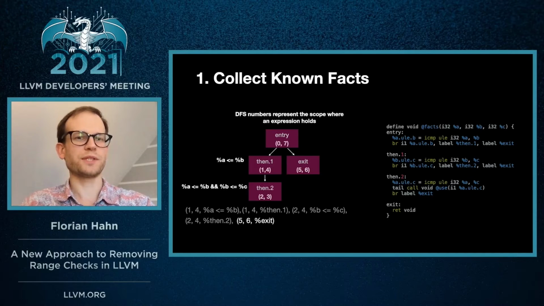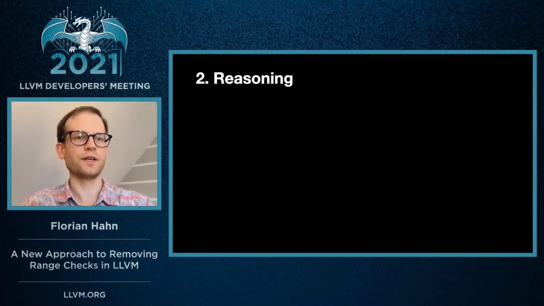We will continue processing the work list, and when we finally reach the last entry, we need to remove all conditions we added so far, because the out numbers are now less than the in number of the exit block. So they are out of scope now because they don't dominate the exit block anymore. We now know how to iterate over the function while maintaining the set of known facts that hold at any given point in the program.